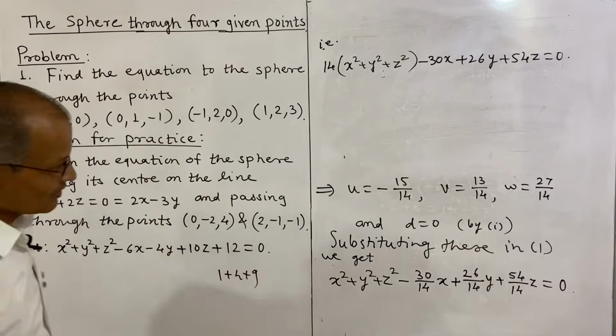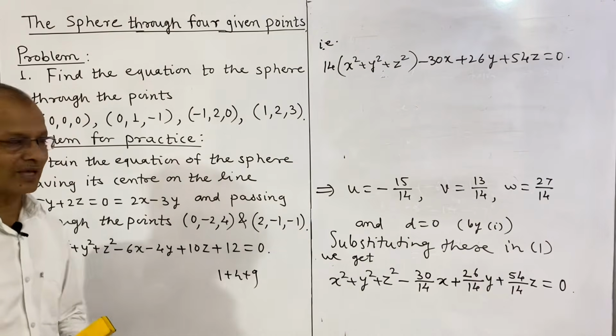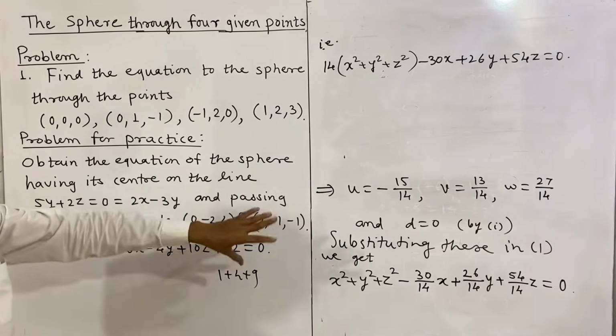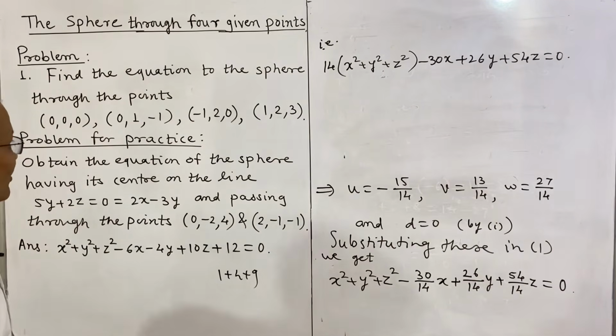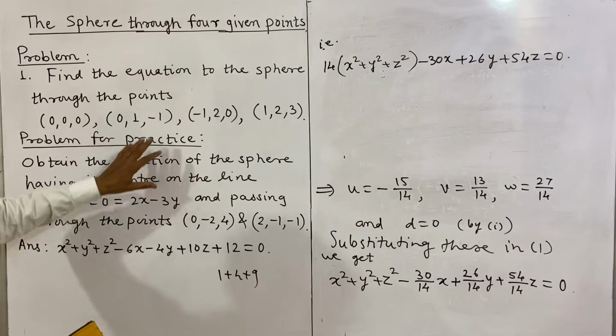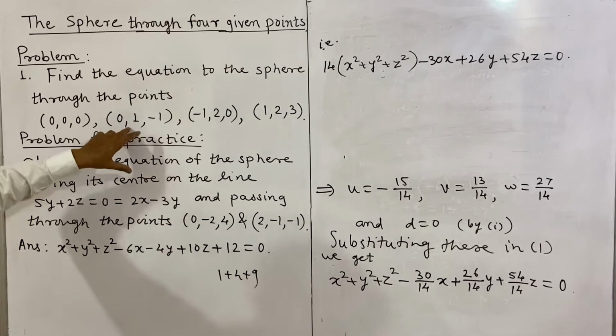You should check the calculations; the method is important. We have written the determinant, but you should check whether it is the same or not. Let us check this point. The first point is already satisfied.